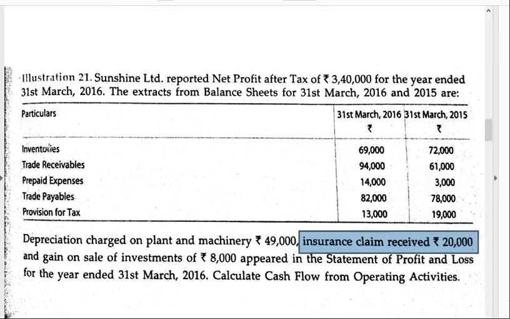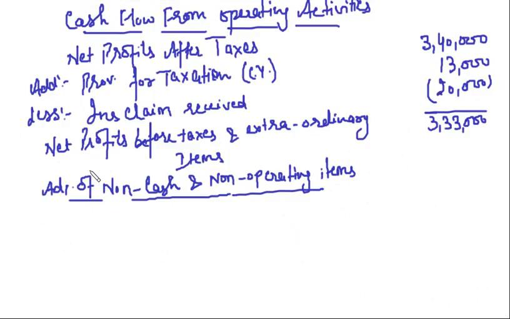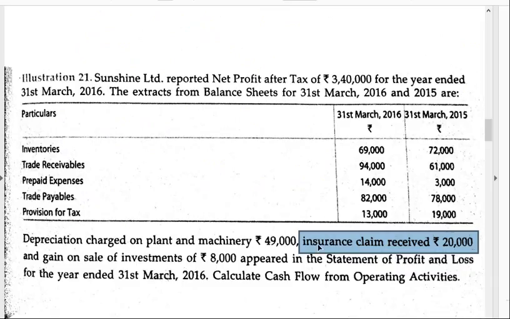Yes, this is a non-cash item because depreciation does not involve the actual cash outflow. Right? So I will add back depreciation. Right? Depreciation of 49,000. What else? Insurance claim that we have already adjusted.